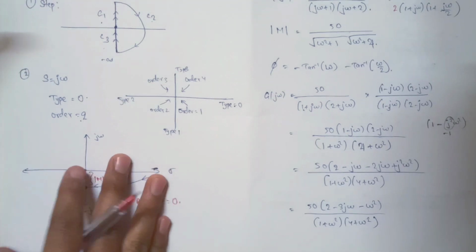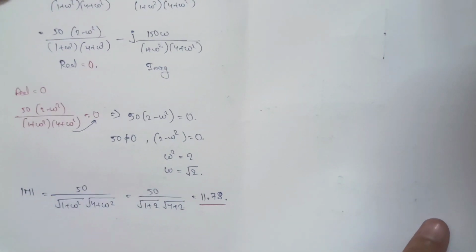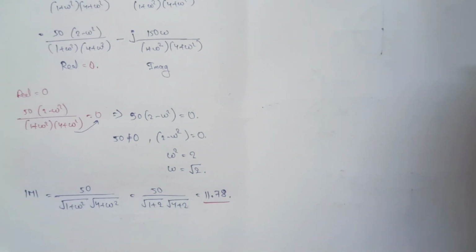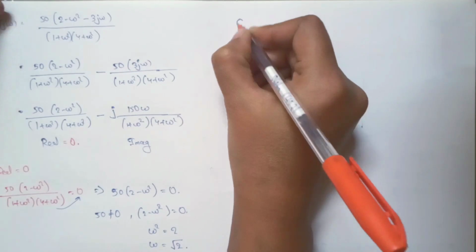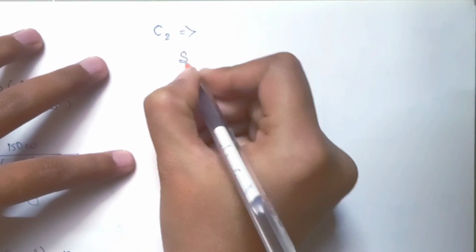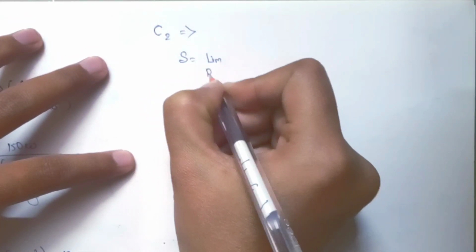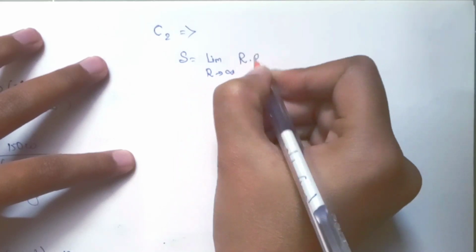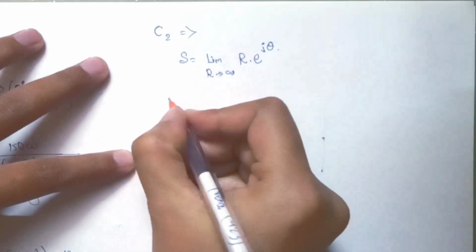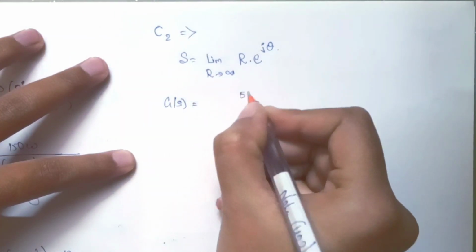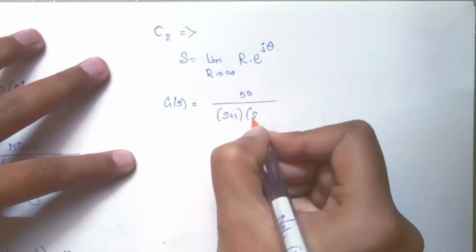Now we will draw the contour for C2, and for that we will substitute S equals limit capital R tends to infinity, R into e to the power j theta, into the given equation, that is 50 by (S plus 1) and (S plus 2).